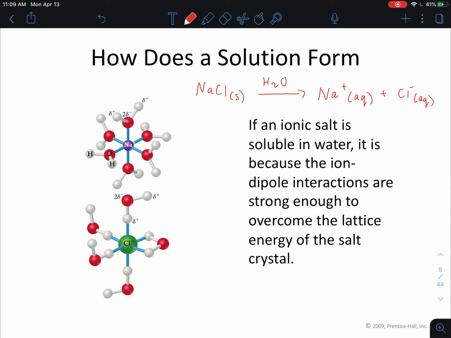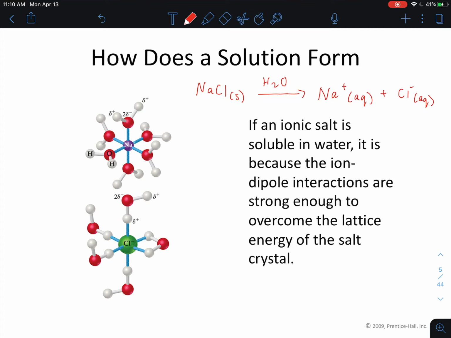Notice the oxygen side of water, the more electronegative side, is pointing towards the positively charged sodium. Down on the bottom, the chloride ion is surrounded by water, but now it's the other way around, with the hydrogen side, the less electronegative, electron-deficient side, pointing towards the negatively charged ion. You can see that octahedral arrangement of water molecules around the ion, and that's pretty typical for what happens when we hydrate with water.